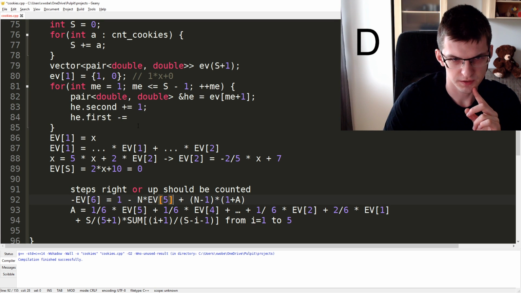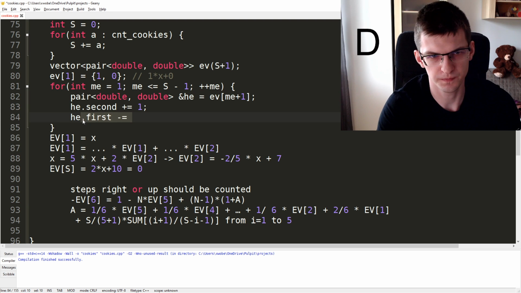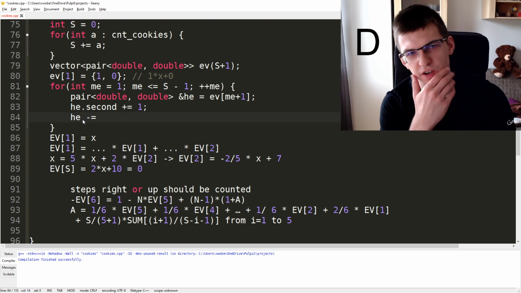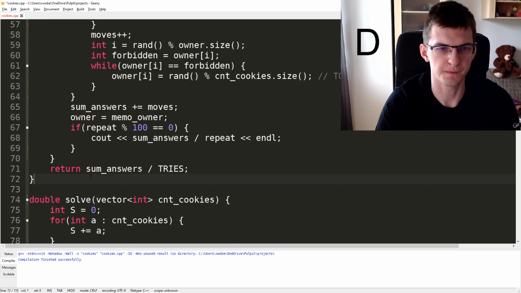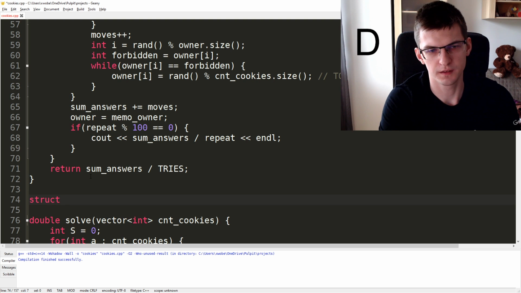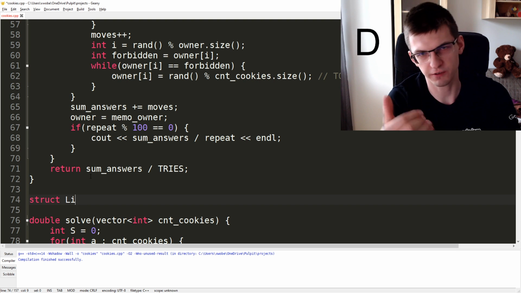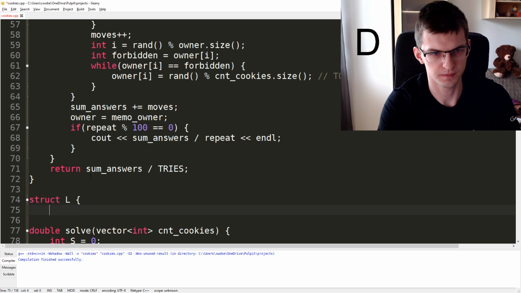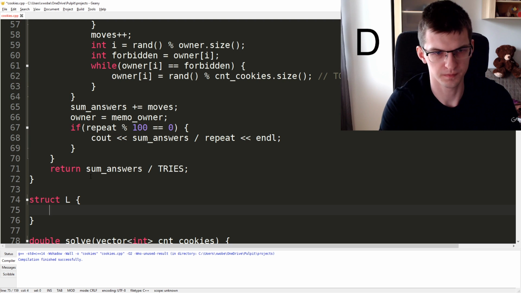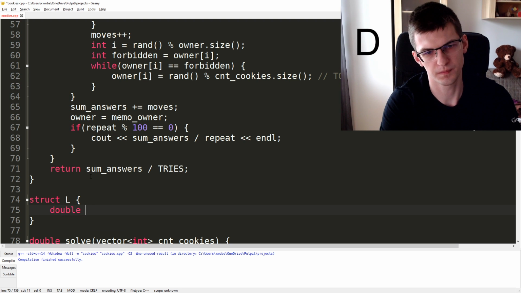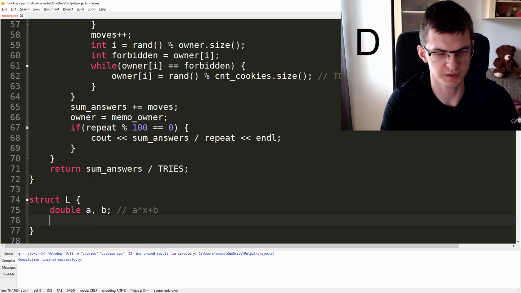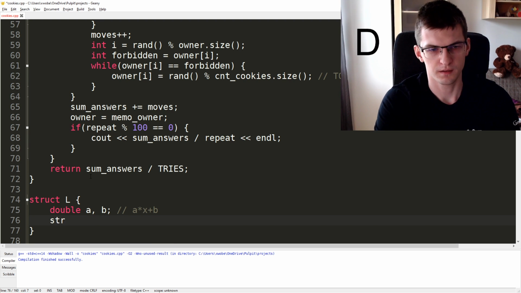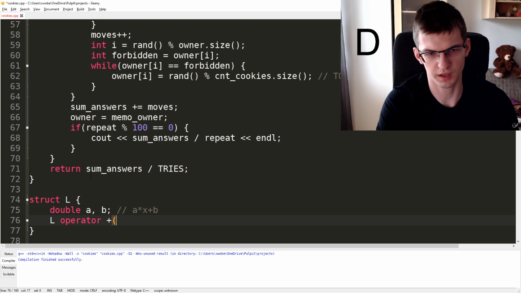Now this is minus equal. This should be a struct, shouldn't it? Yeah. So this is a linear function, something like 5 times x plus 2. You can add those. It represents a times x plus b. We have plus, minus, and a few other things.